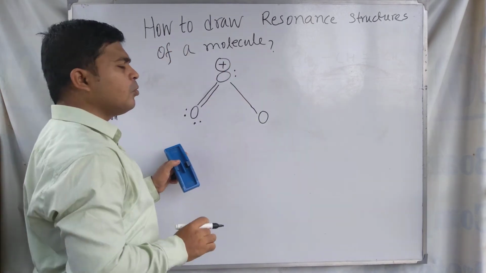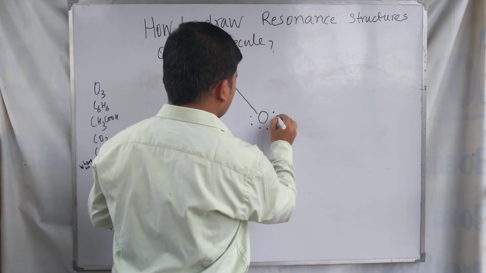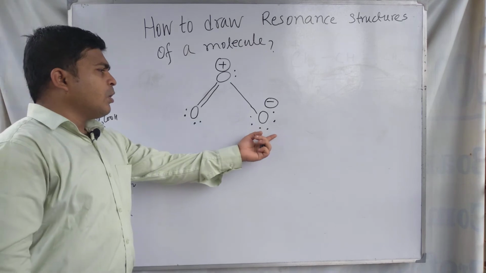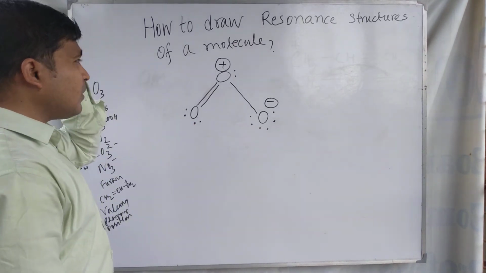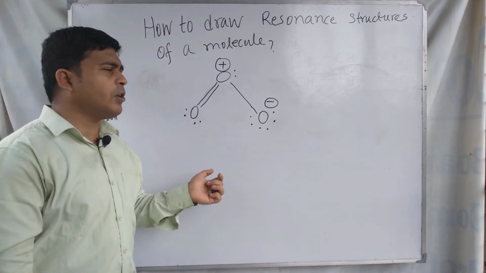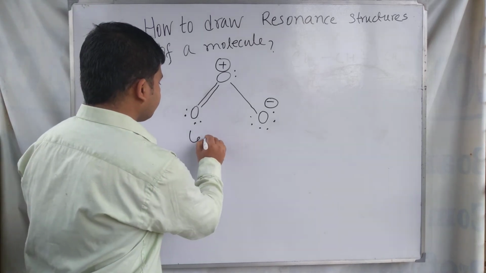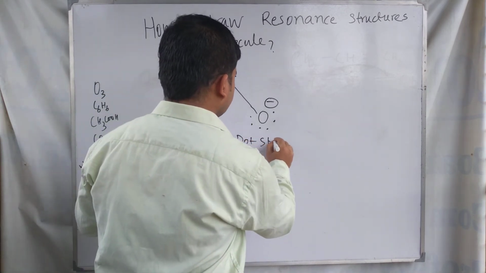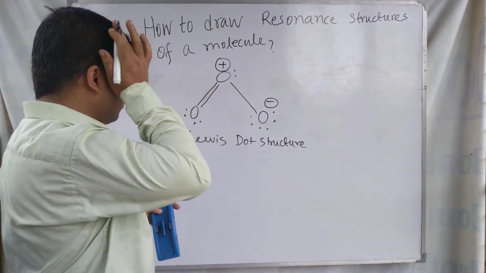This oxygen atom is losing 1 electron pair, and this oxygen atom has 3 electron pairs, 3 lone pairs. So this is the first Lewis dot structure of the ozone molecule.